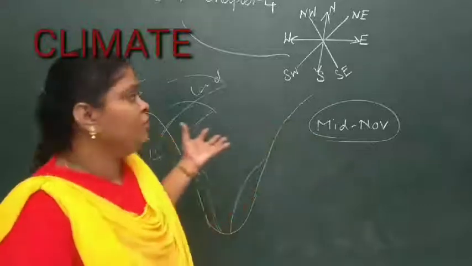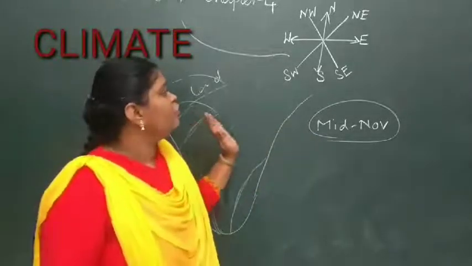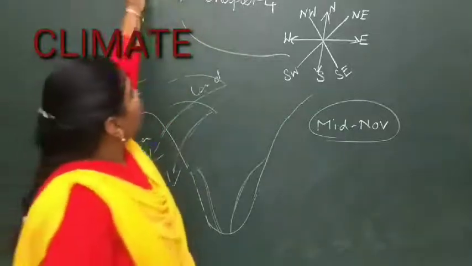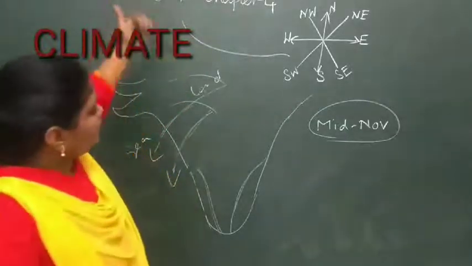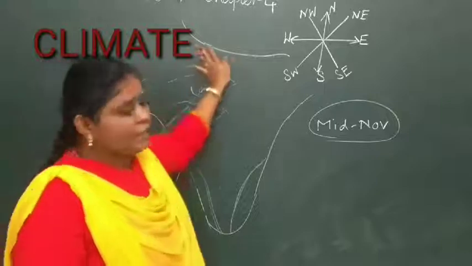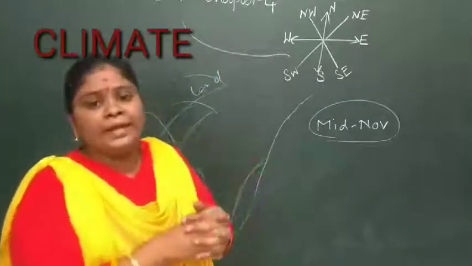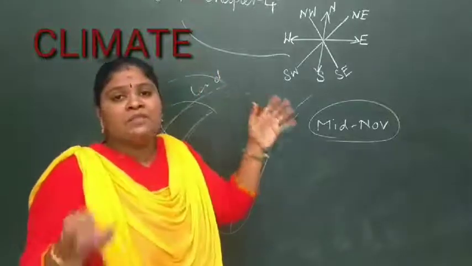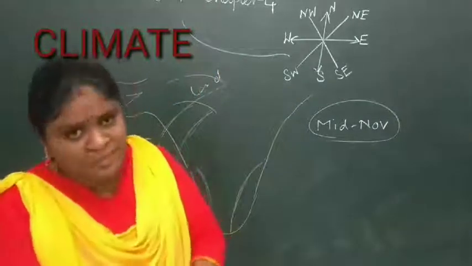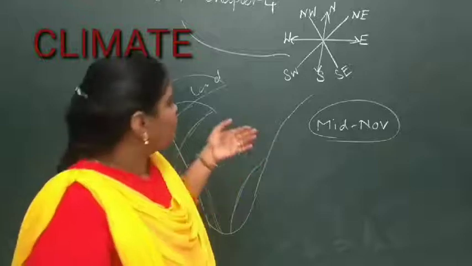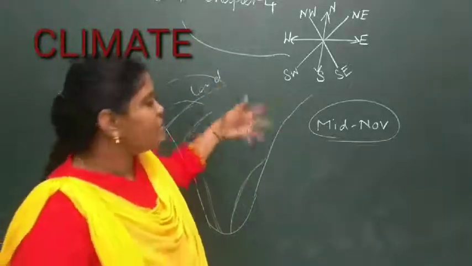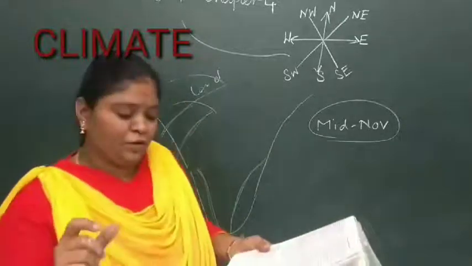West flowing wind, so which is west flowing wind? The winds will be flowing towards the western direction. So when the airs from the Mediterranean Sea are coming, both are colliding in a particular place. When they collide in a particular place, the western cyclonic disturbance happens. Because of that, the interior part of India alone will receive some amount of rainfall.